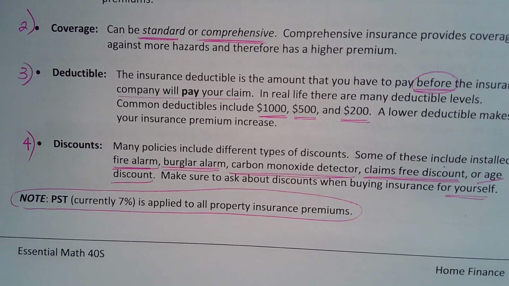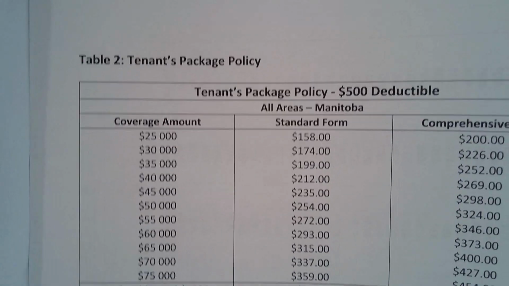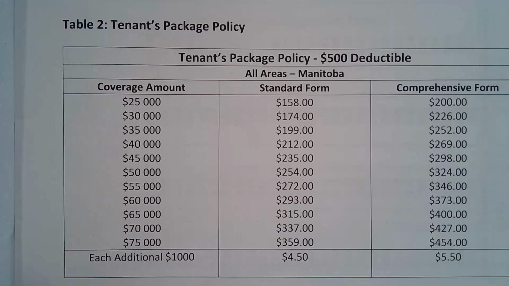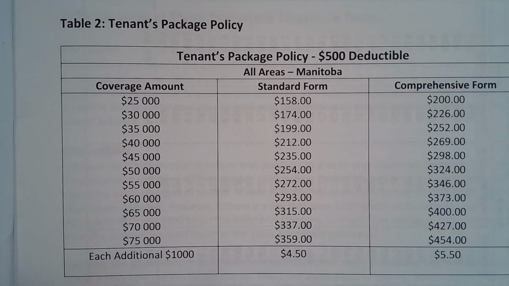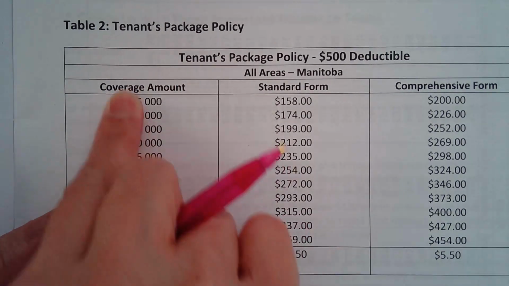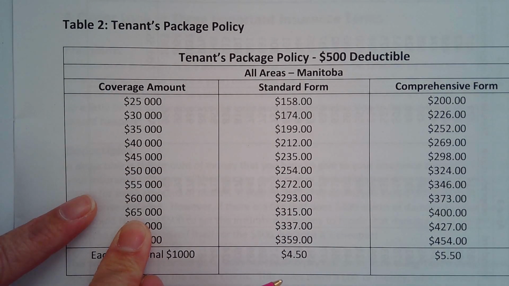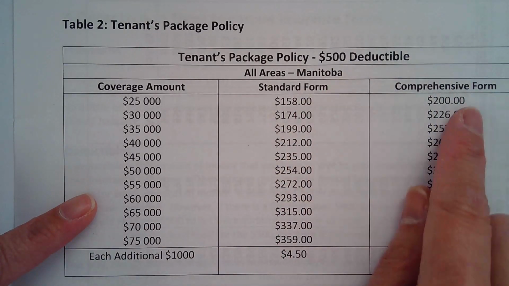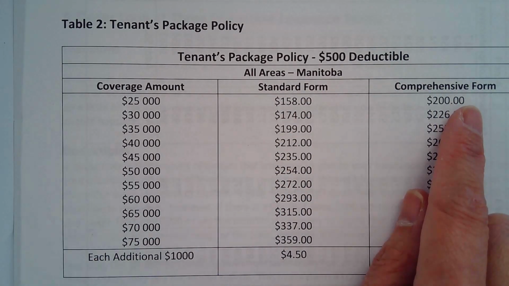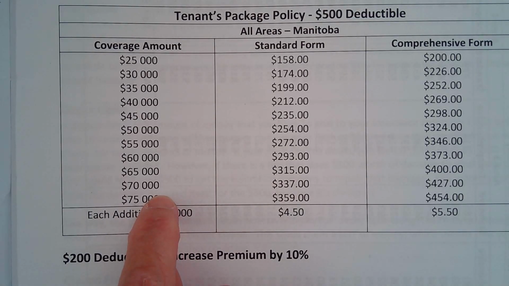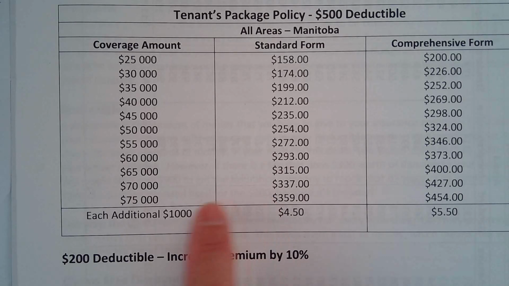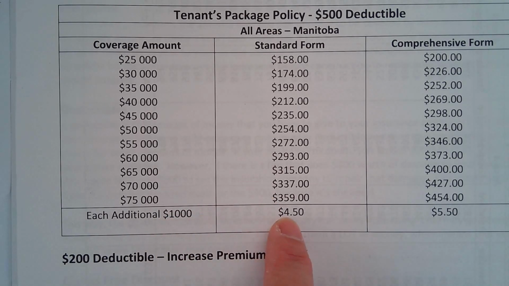Is that good? So let's take a look at this one. If we're just looking at the tenant's insurance, the only two things that we're looking for are coverage amount, so how much coverage do we need to buy, or standard and comprehensive. Those are the only two things. And then if you take a look at this, up to 75,000, and then here we don't have anything after that.